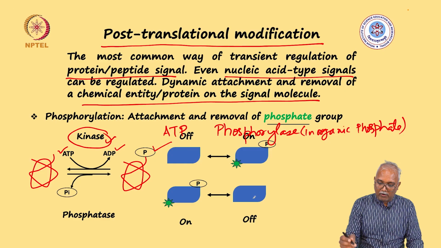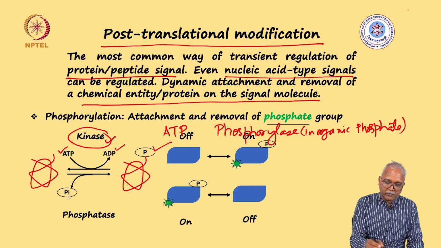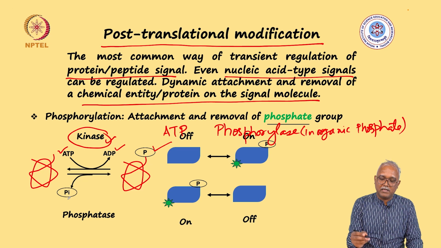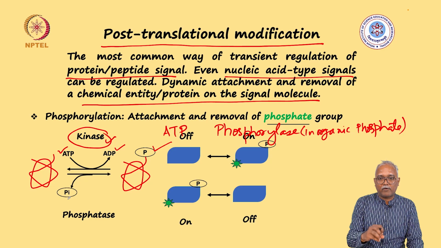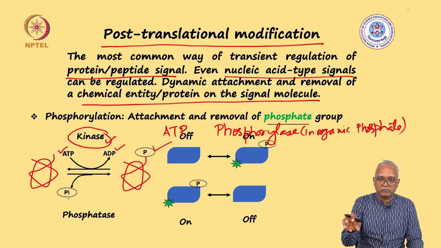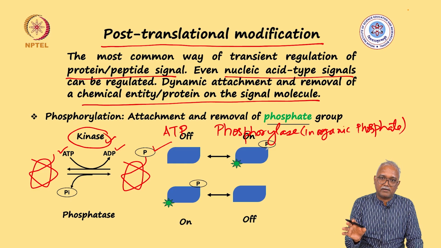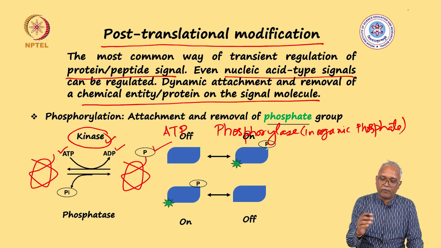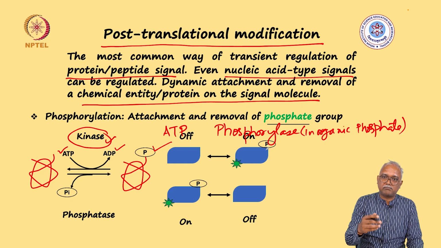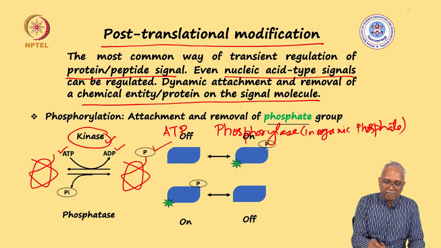So I always give this example that the phosphorylation and dephosphorylation cycle is nothing but a game of statue, where phosphate is the statue statement. Once the statue statement is given, the person is inactive, does not move. And for coming back from the inactive state, somebody has to say release, right? The same thing happens here.